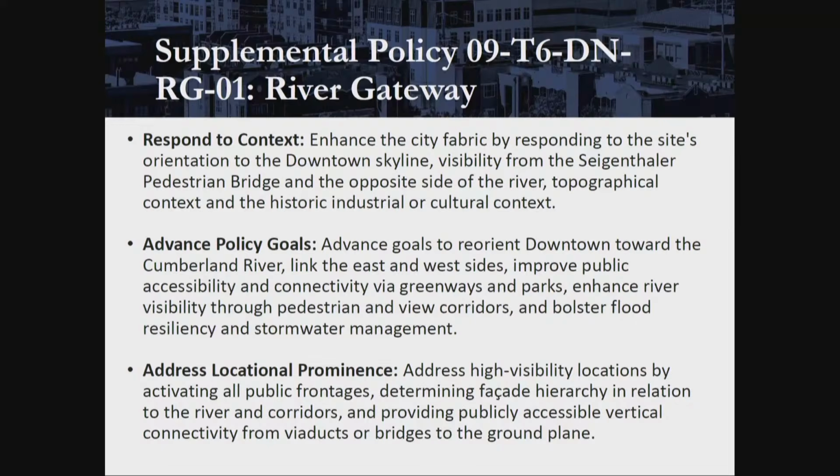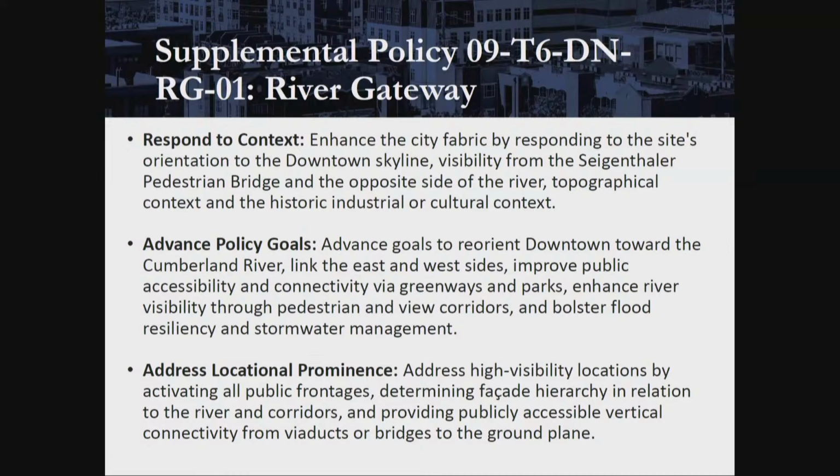What this policy calls for is projects to enhance the city fabric by responding to its orientation to the downtown skyline, visibility from the pedestrian bridge, topographical context, and historic industrial or cultural context. It's got to advance policy goals to reorient downtown towards the river, improve public accessibility and connectivity.